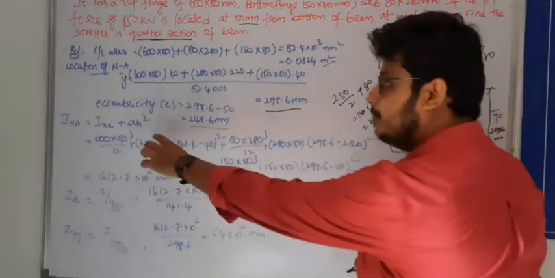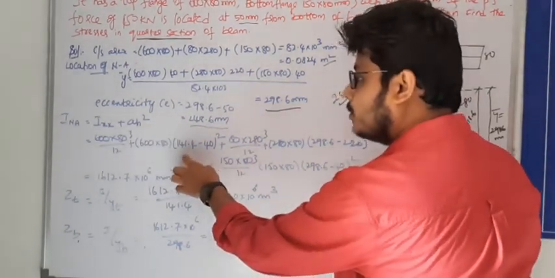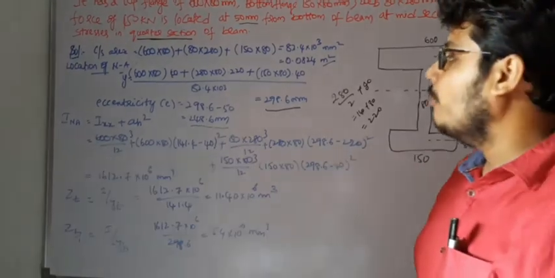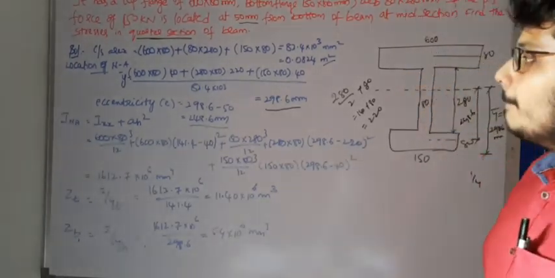So how does h bar come here? For the top flange it is 141.4 minus 40.